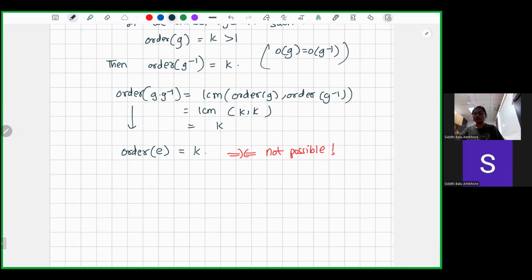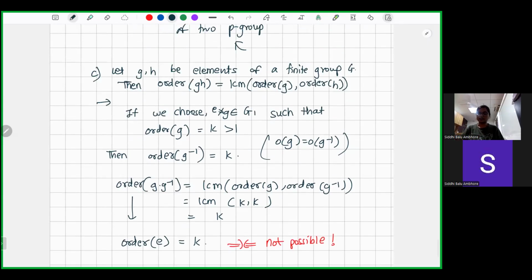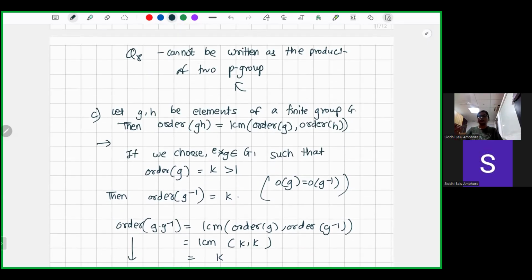Okay, so that's why we get that this is not possible, that is, this statement is false.